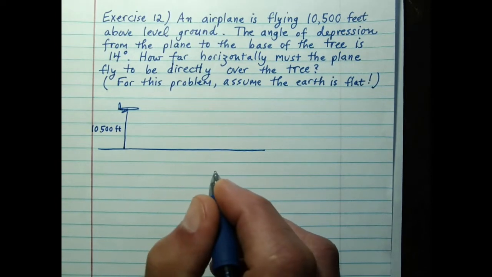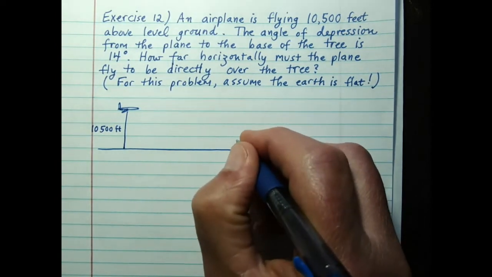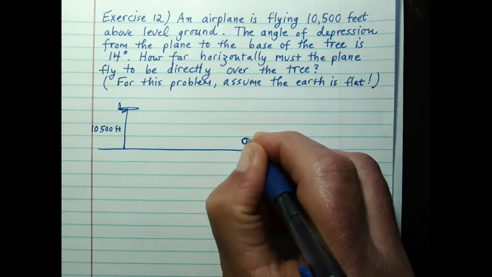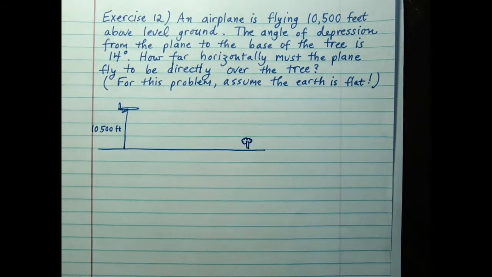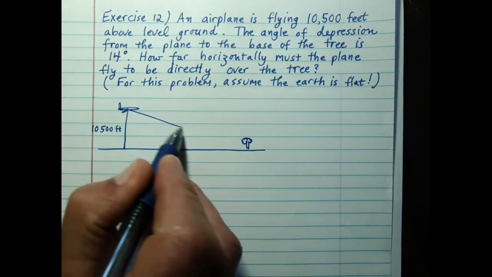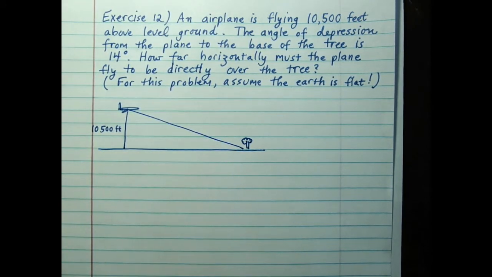And off in the distance there's just this tree somewhere. Maybe that's a little high for a tree, but there's my tree. And the angle from the plane to the base of the tree. Now I know I'm drawing a line something like so.